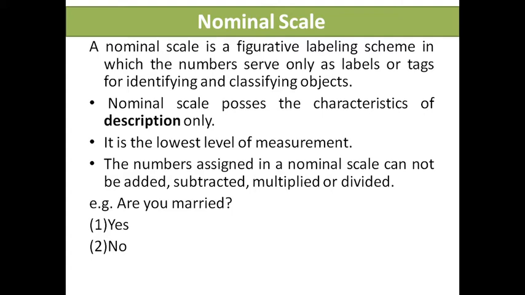So here, say the example, this question is asked to a respondent: are you married? And the response categories are given. 1, yes. 2, no. Now the 1 can be also considered as a code for yes.